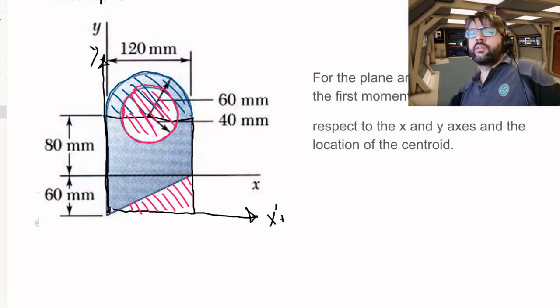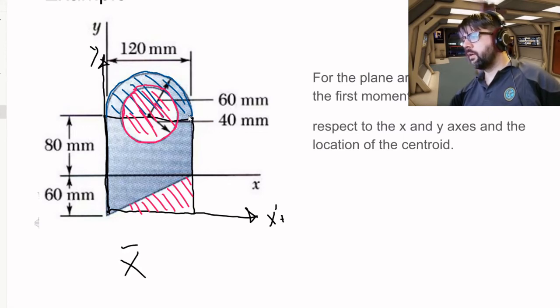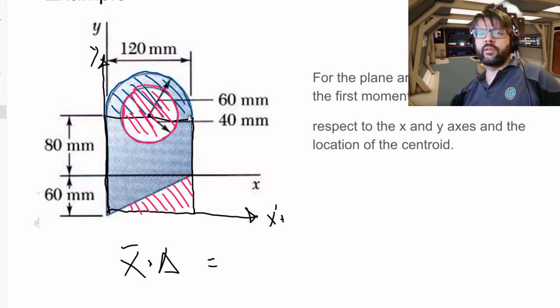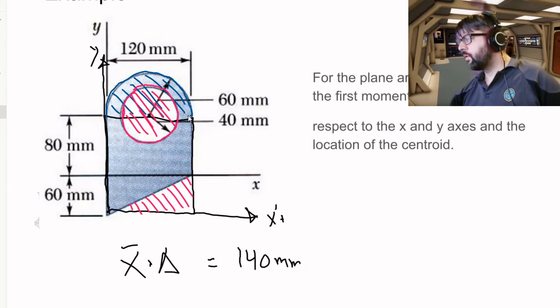First, we have this rectangle here. We want the X bar times the area of that rectangle. The area is going to be 140 millimeters times this distance.